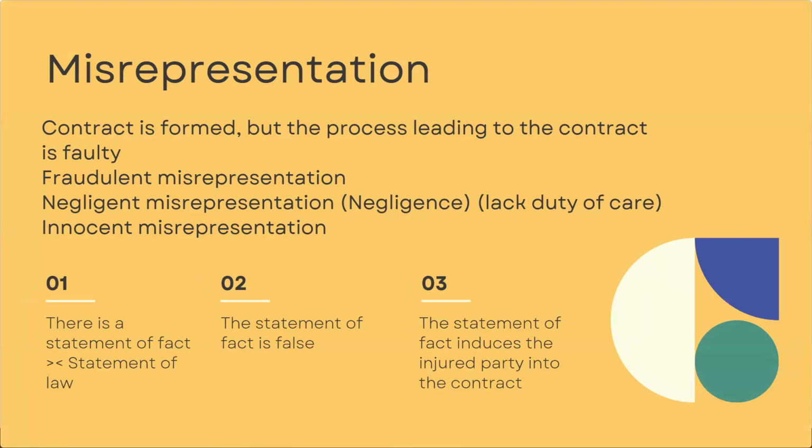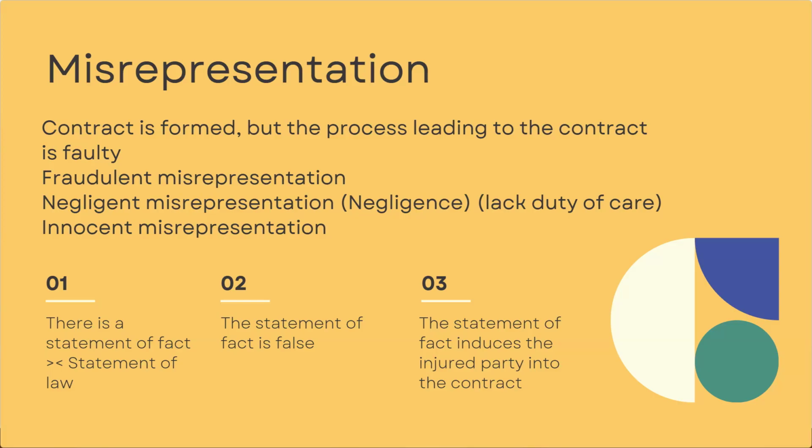Another part of this is about misrepresentation. When we have a contract, it should reflect the balance of power, and every party must have the freedom to contract. They have the right to protect themselves from a bad bargain.